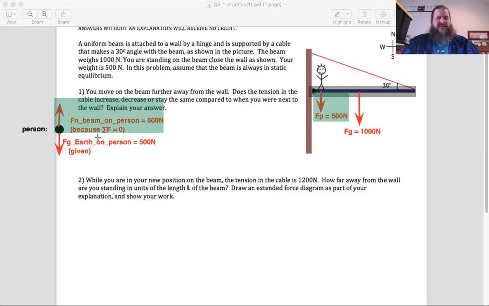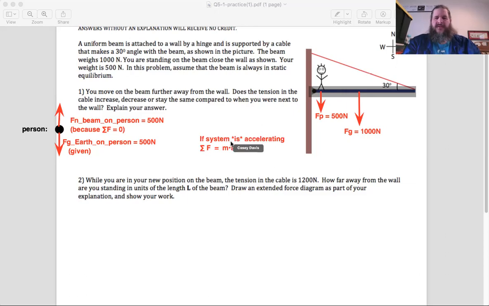If this whole system is accelerating, what would these have to add up to? A non-zero number. Right. And in particular, if the system is accelerating, what's Newton's second law for that? The sum of the forces would have to equal what? The product of mass and acceleration.